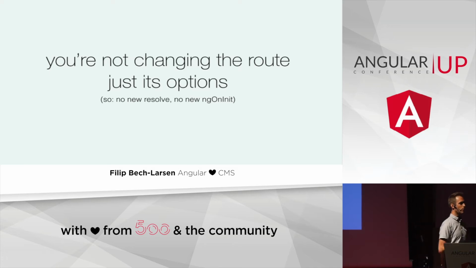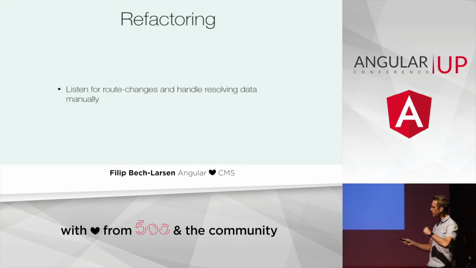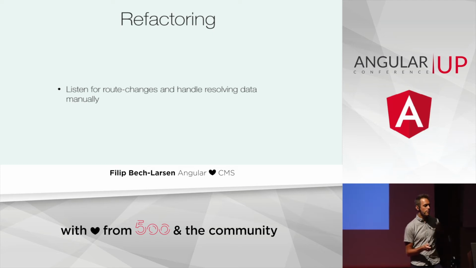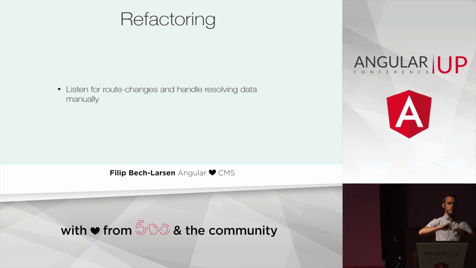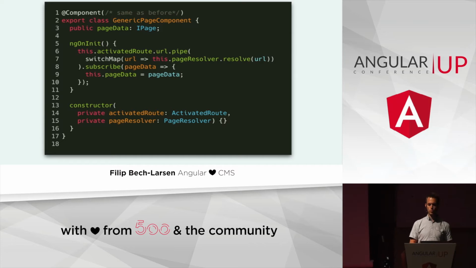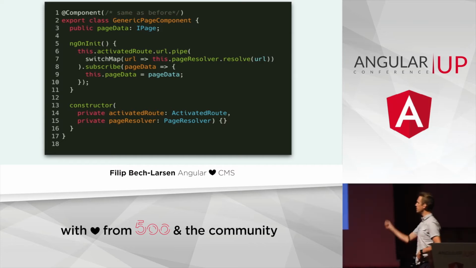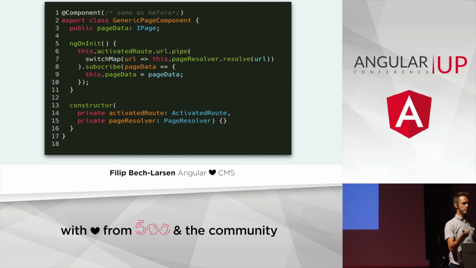And in Angular, if you're going from one route to the same route with new options, we're not reinitializing the route. So, trying to work around this, I thought, let's refactor a bit so that the generic component, instead of just having that template as before and getting the data once, will subscribe to the data and update the page data every time it changes, and that would actually mean that it would work.